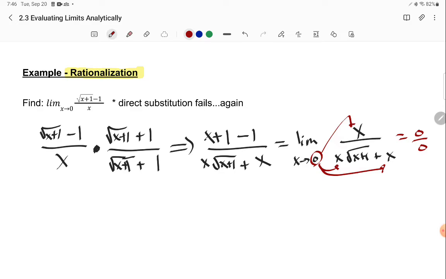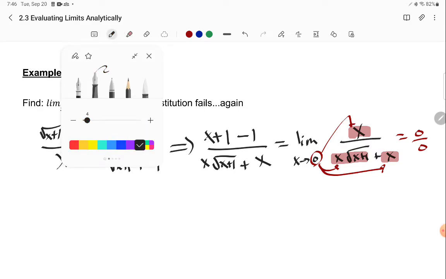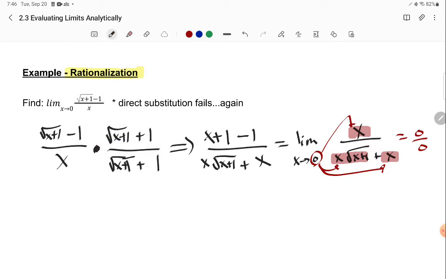But now we don't have to rewrite it, we can simplify it. Because if you look at every single term, they all have one thing in common. They all have x in common, which means we can take an x out. And when we do that, we factor an x out of the top and the bottom, they cancel out to be just 1.